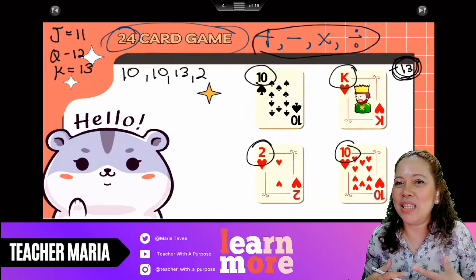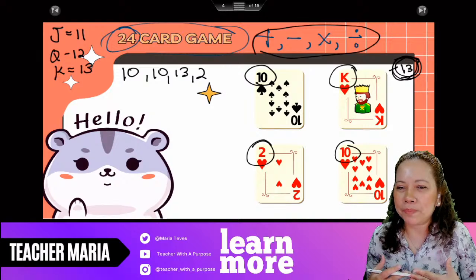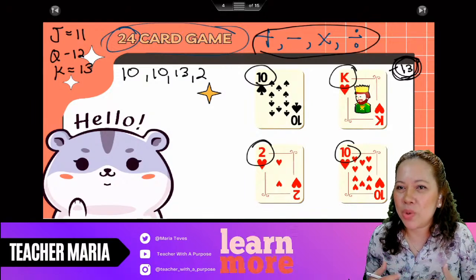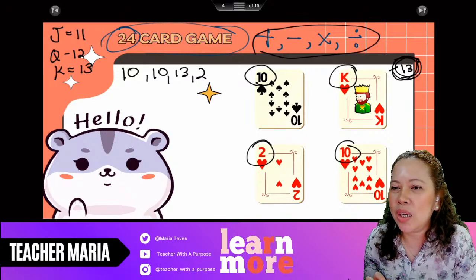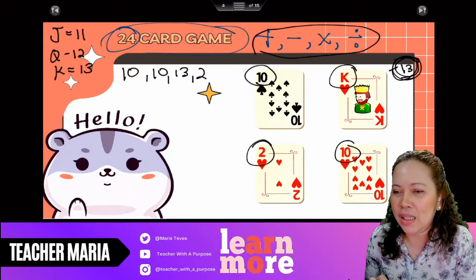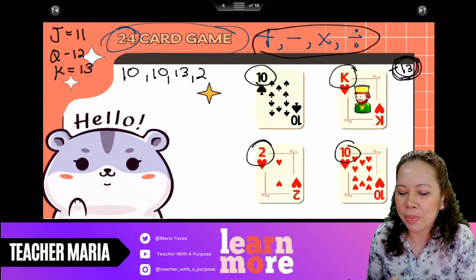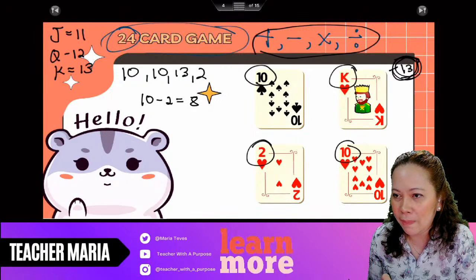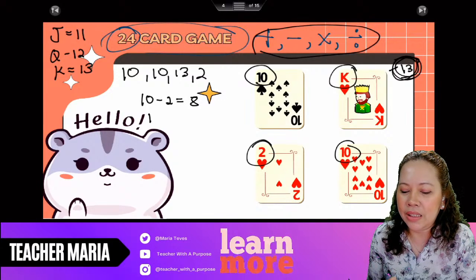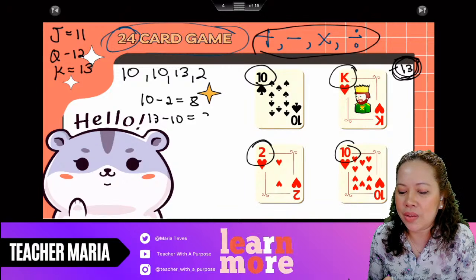So what you do is, you just need to add, subtract, multiply, or divide. So for example, 10, 10, 13, 2. What should we do? Let's say, for example, 10 minus 2 is 8, right? And then 13 minus 10 is 3.